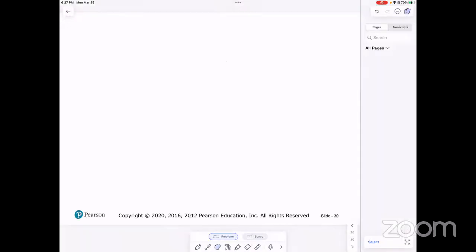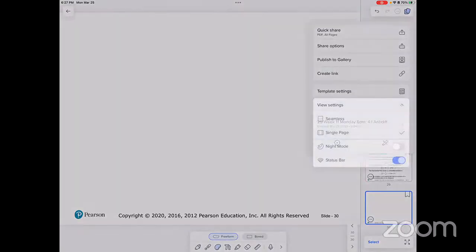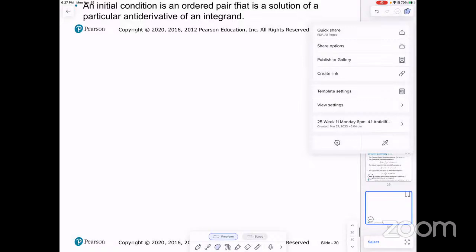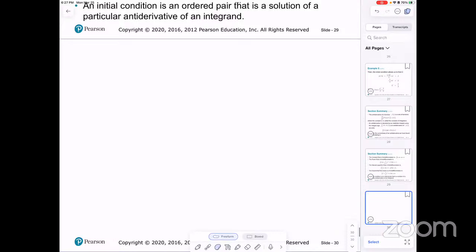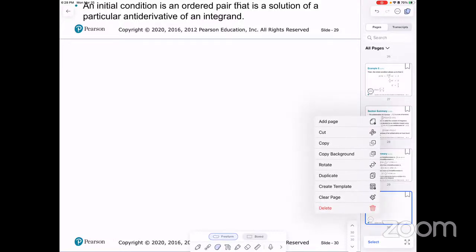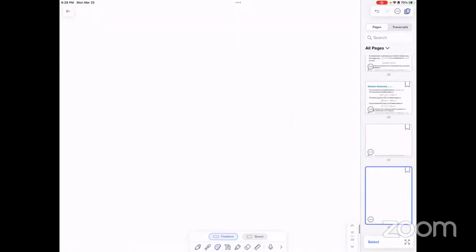Let me change this view. And I would like an additional page. Add a page. There we go. I think we're cooking now. Okay, so let's pull up the assignments associated with this section.